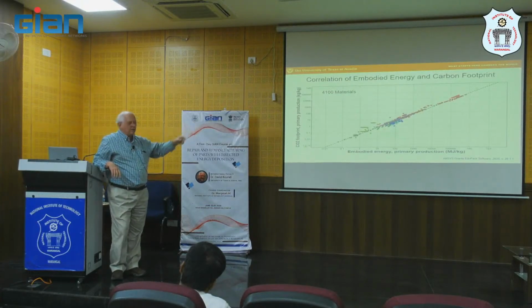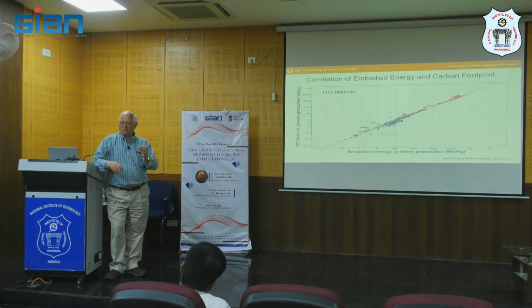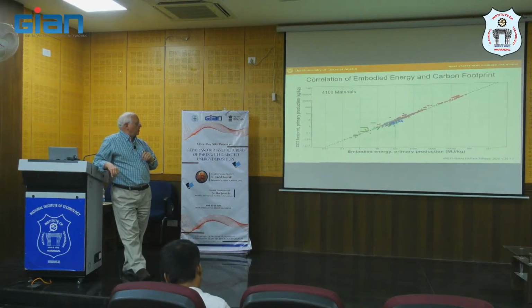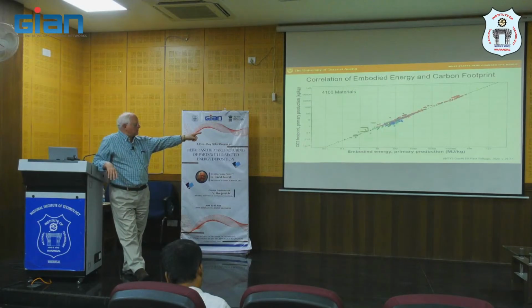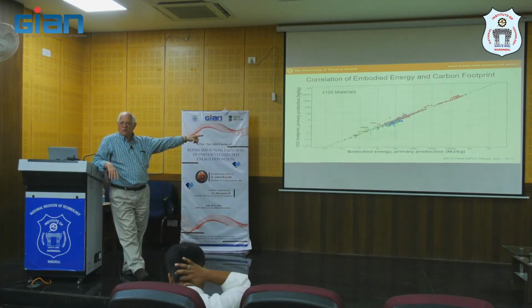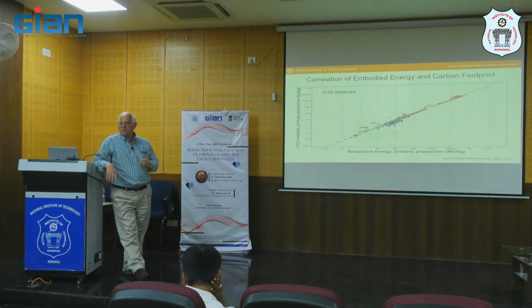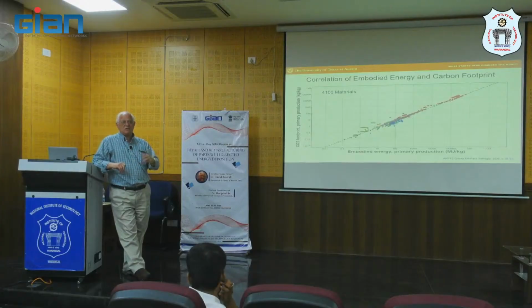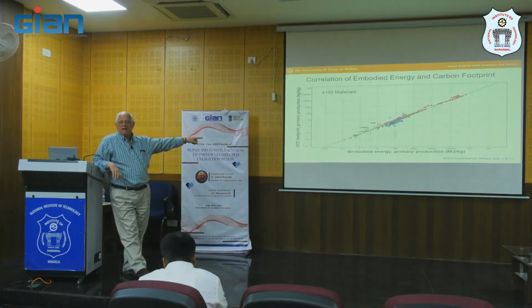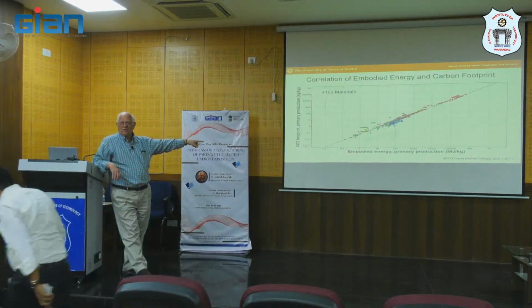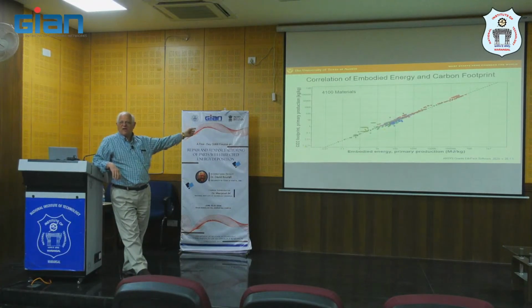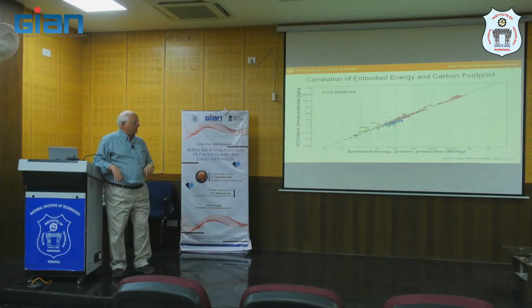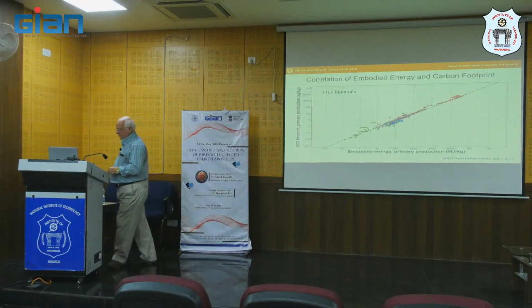Each one of these 4,100 dots is a material. They determine the average CO2 footprint, as well as the embodied energy, how many megajoules are required to create a kilogram of material. And you see the correlation is extremely strong, and it has to do with the fact that it's the energy that we need to create material that's creating the carbon footprint. So this is simply a demonstration of that fact.